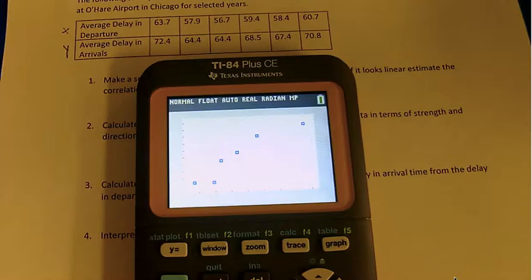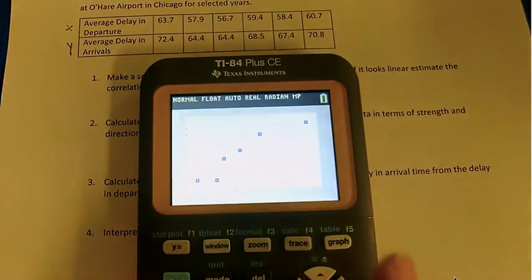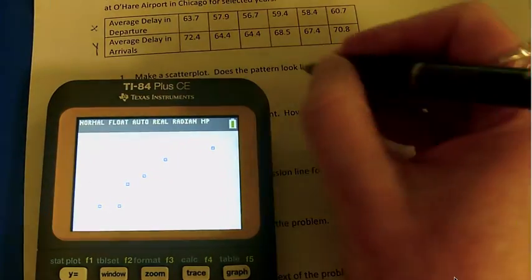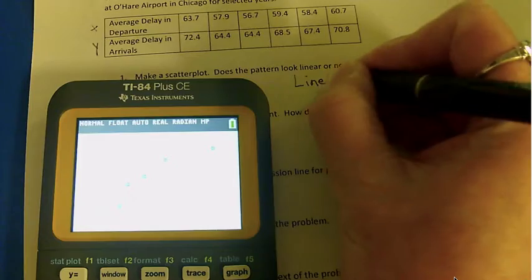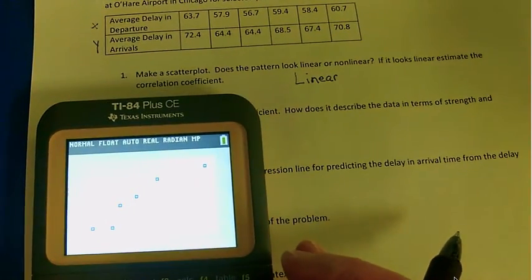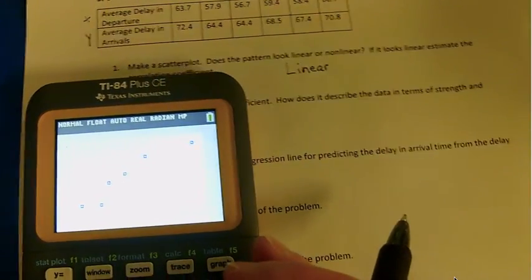stat. So I'm looking at the data, and it asks me, does the pattern look linear? It actually does. It does look linear. Nonlinear would mean it was looking more like a parabola or something like that. It says if it looks linear, estimate the correlation coefficient.